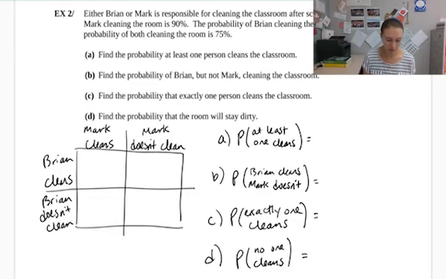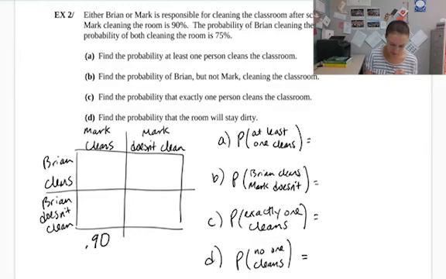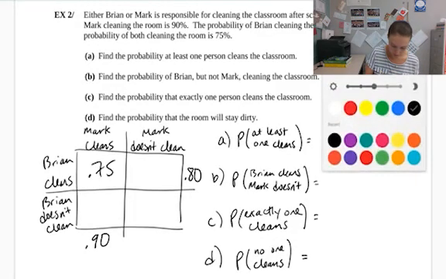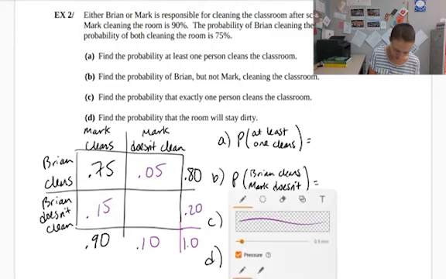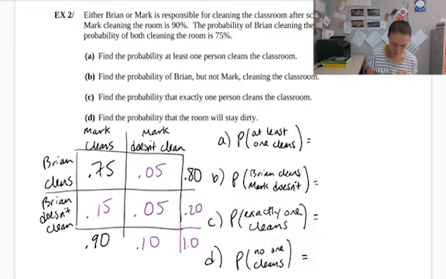The probability of Mark cleaning the room is 90%. So Mark cleans 90%. Probability that Brian cleans the room is 80%. The probability that they both clean is 75%. So that leaves me with 15% here, 5% here, 20% to make 1, 10% to make 1, which makes this 5%.